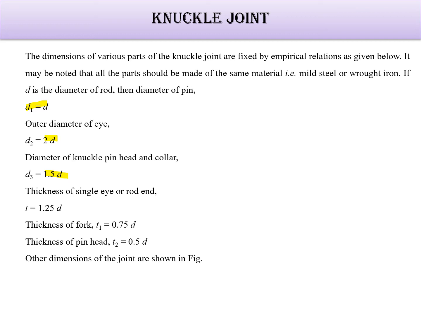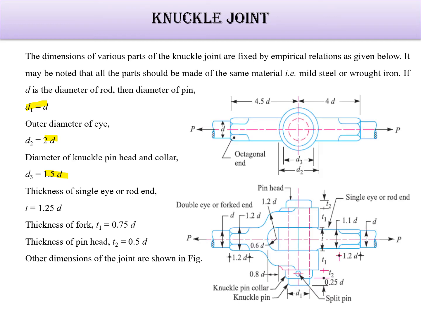For the single eye, the thickness t is equal to 1.25 times d. In the same way, the thickness of the fork, t1, is equal to 0.75 times d. Here I have reduced 0.5 times the diameter, and here I have reduced 0.25, same thing. So this is what I have explained.